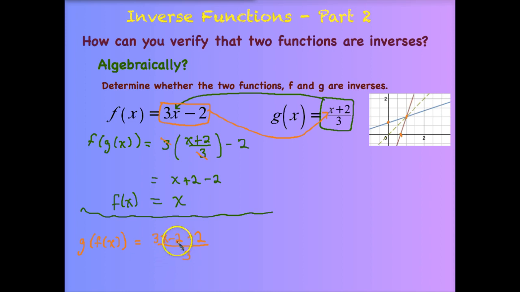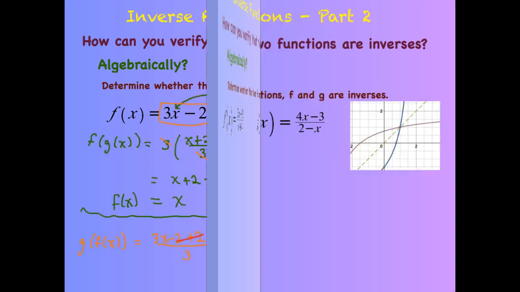We can see that the negative 2 and the positive 2 cancel, and we end up with 3x over 3. Our 3's then reduce. 3 over 3 is just 1, and therefore we get the x here. By checking both, we can then prove that these two functions are in fact inverses.